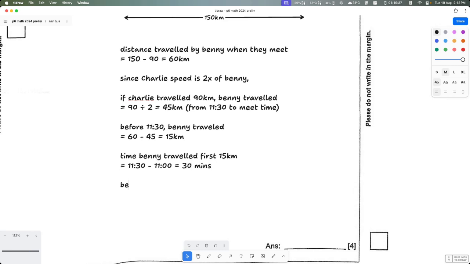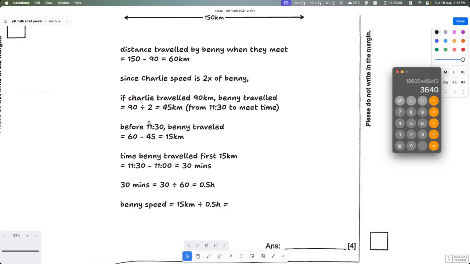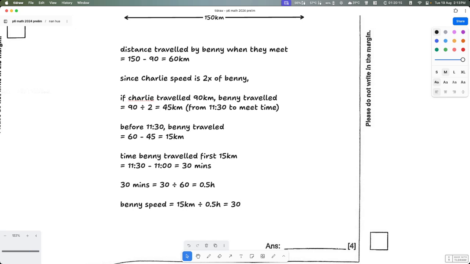Okay, so that means Benny's speed is equal to 15 kilometers divided by, and we want per hour, right, 30 minutes. 30 minutes is equal to, sorry, 30 divided by 60, this will give you 0.5 hours. So 15 divided by 0.5 will give us 30 kilometers per hour, right?